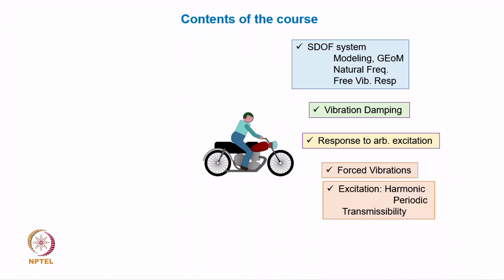Then we trained our attention on the response to external forcing functions, which are more sustained in the sense that the excitation function is not short duration and does not necessarily exist for a short duration of time.